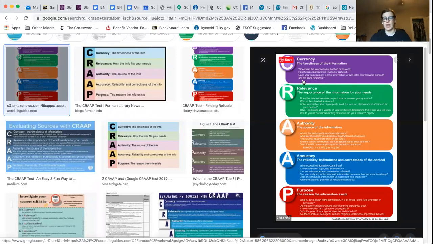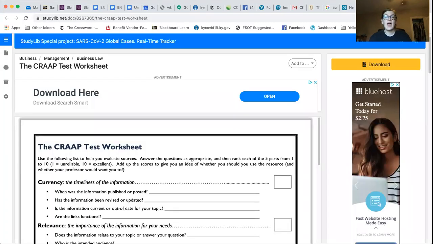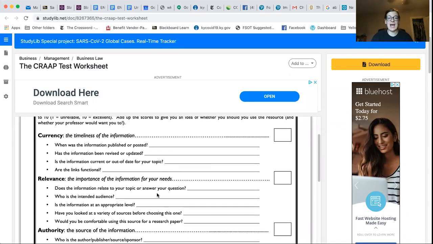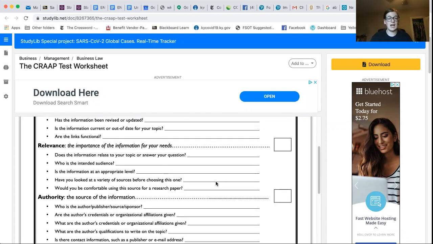I think this is a nice breakdown of what those are. But if you do the CRAP test worksheet, that I think is more helpful, because it forces you to actually ask the question specifically about the source that you have. You can also divvy up points and score it in each section. You know, maybe it's more current than it is relevant.